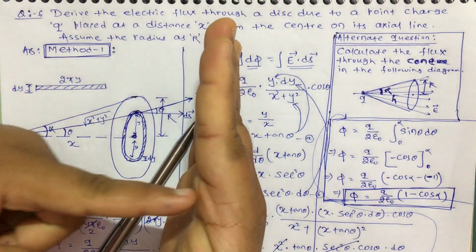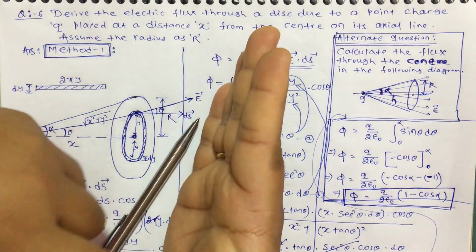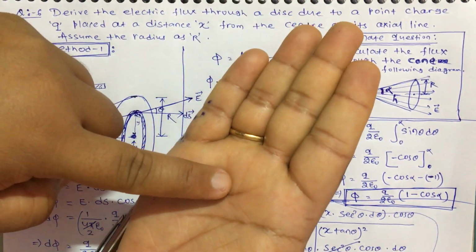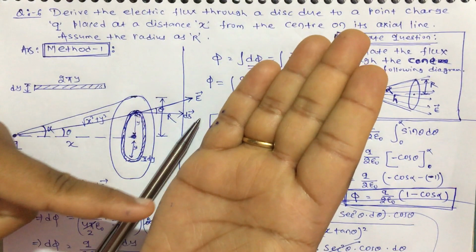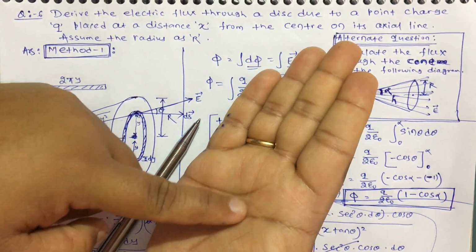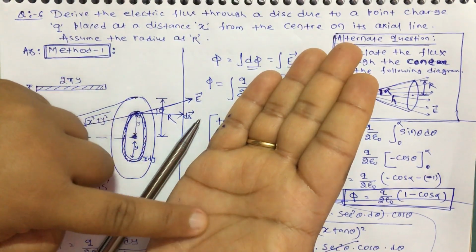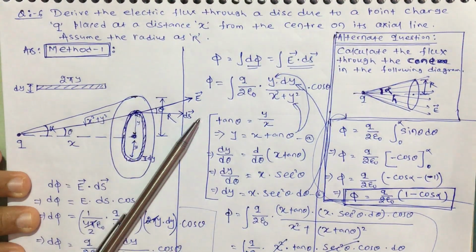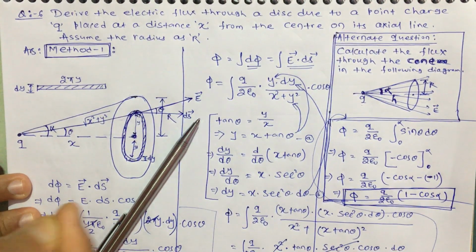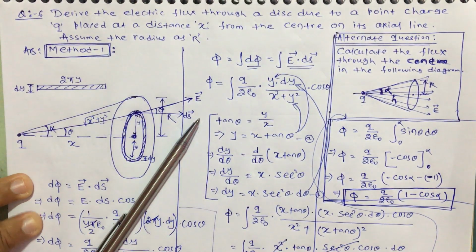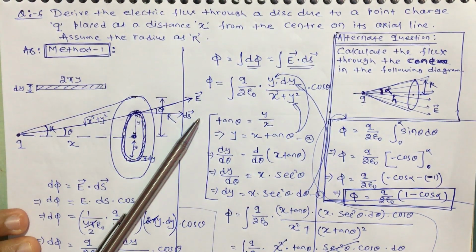If you choose a small element here, not for the total disc, then because this small element has a very small width, at each point on it the electric field is going to be constant. So to find the electric flux through this small element, we can assume the electric field as a constant. Remember again, the total electric field is not a constant, but it is a constant for this small element.